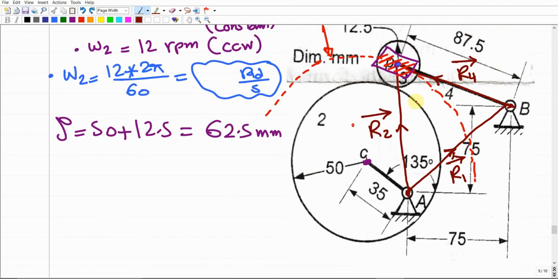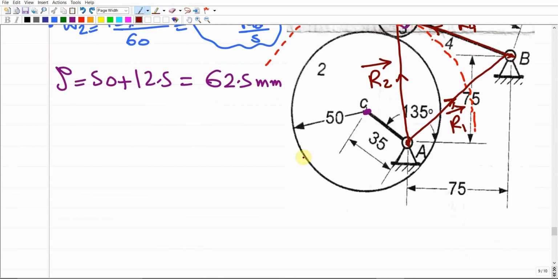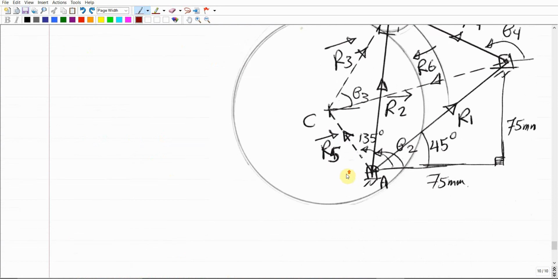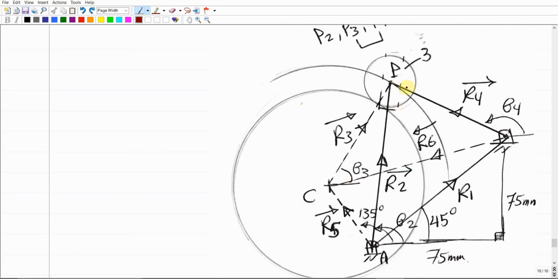But we have to set up this loop in terms of R1, R2, and R4: their values, their directions, which ones are constants and which are variable. So this is the mechanism, and this is the equivalent mechanism for the direct contact, because this simply should be the roller of this mechanism. So we set up R2, R4, and R1, right?